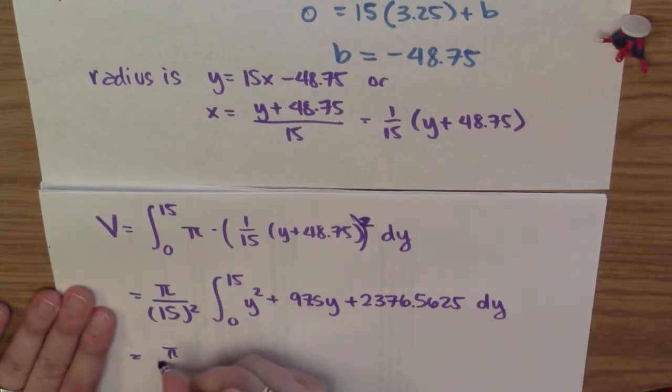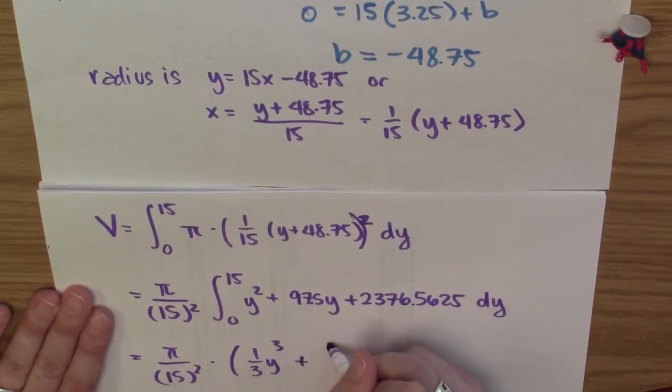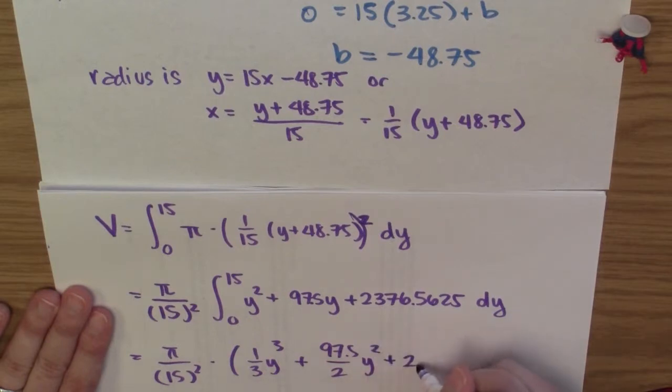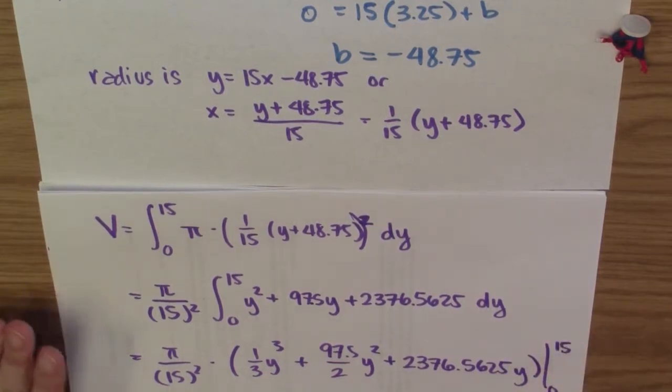So I'm integrating, so I have pi over 15 squared times 1/3 y cubed, plus 97.5 over 2 times y squared, plus 2,376.5625 times y. And I'm evaluating this from 0 to 15, right?